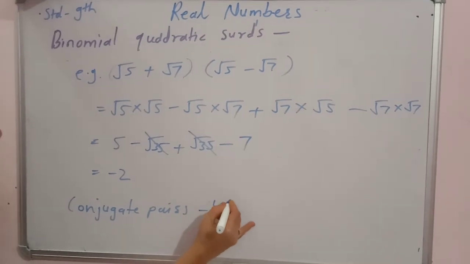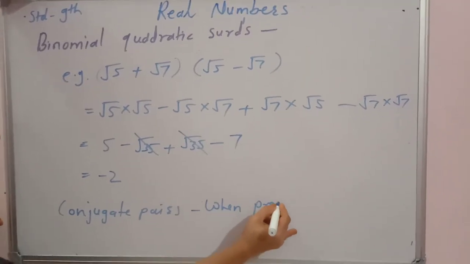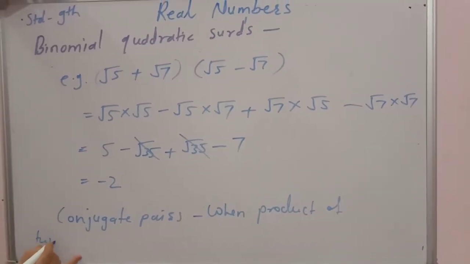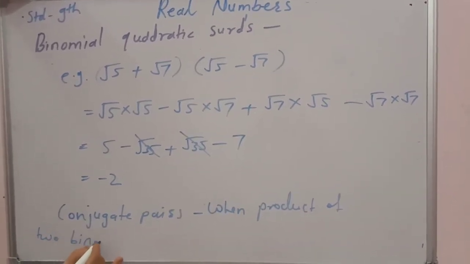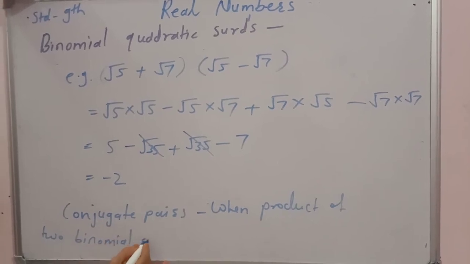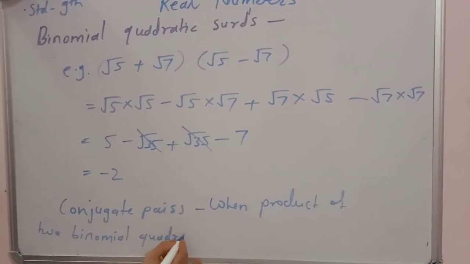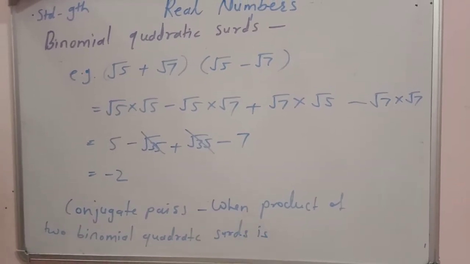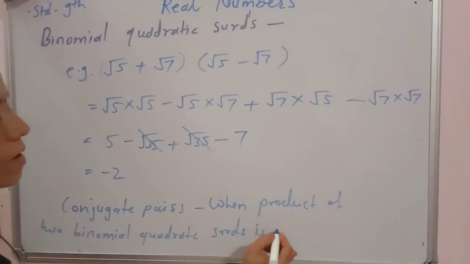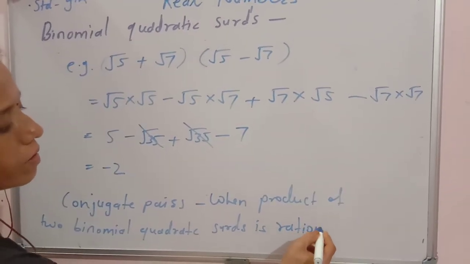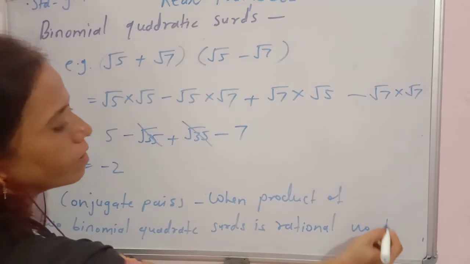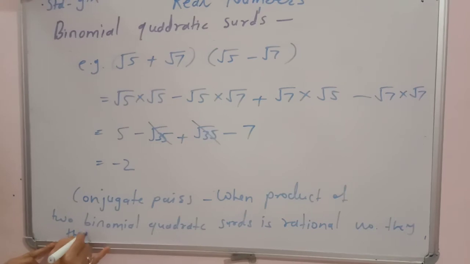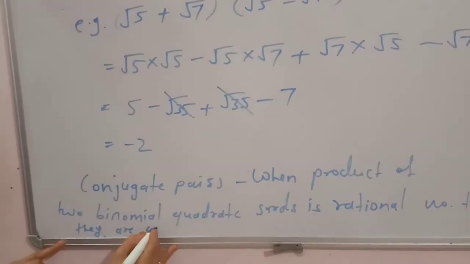When the product of two binomial quadratic surds is a rational number, then they are conjugate pairs of each other.